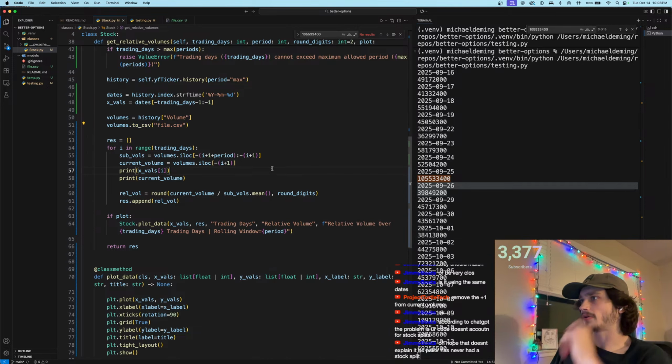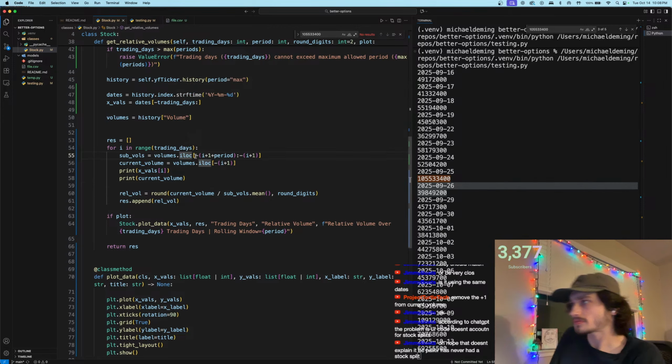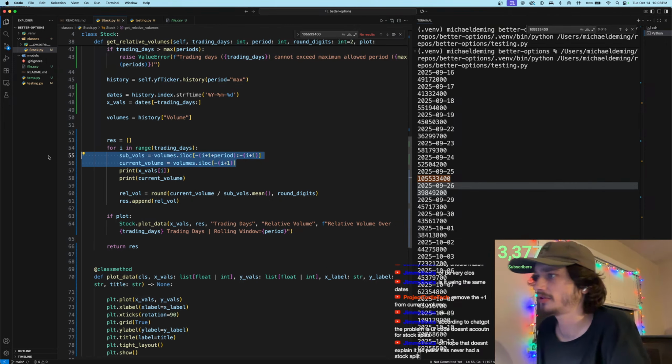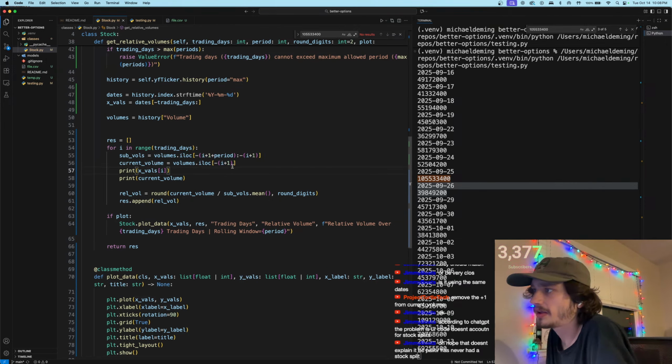Oh, okay, so no, it does not include the current live day. Okay, so we know that the volumes is working. So we're looping over the trading days. We're going to create a sub volume, which is index into volume. I think it's right here is our issue.